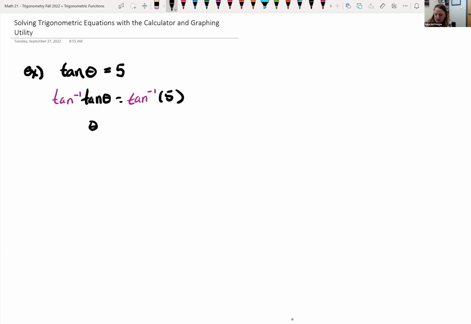So theta was approximately 1.37. That was just the value that was giving us that in our first quadrant, but tangent is also positive in that third quadrant. So to get the other value of theta, we're going to look at pi plus that reference angle. And that gives us theta is approximately 4.51.